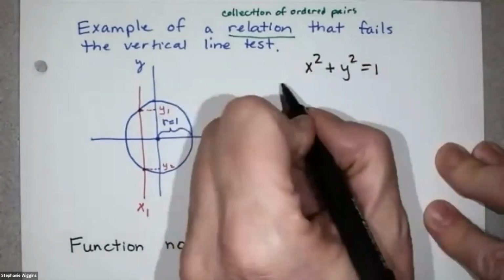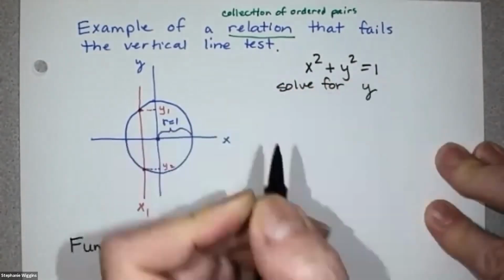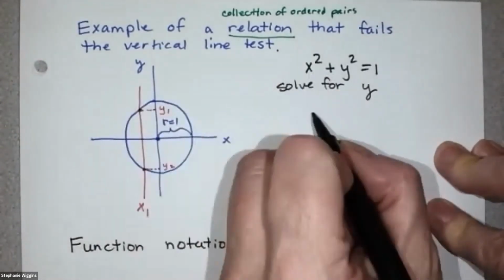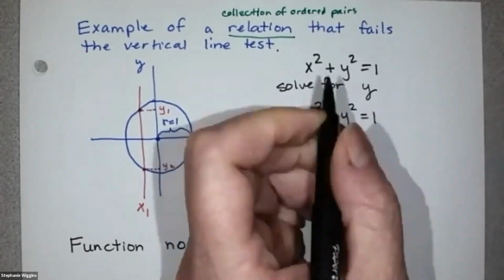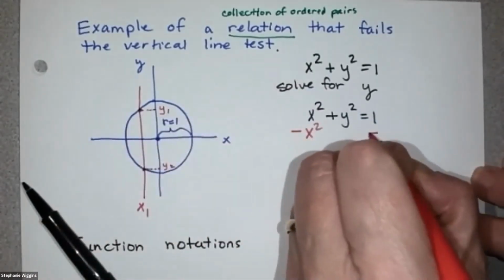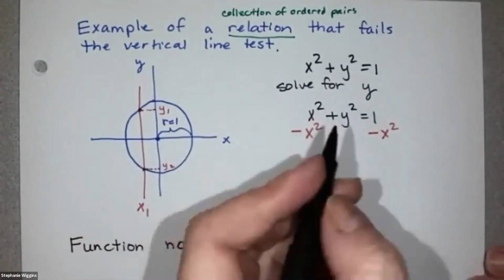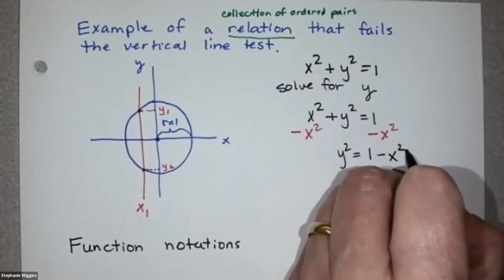And if I solve for y, you'll notice that I subtract x squared from both sides. And that gives me that y squared is 1 minus x squared.